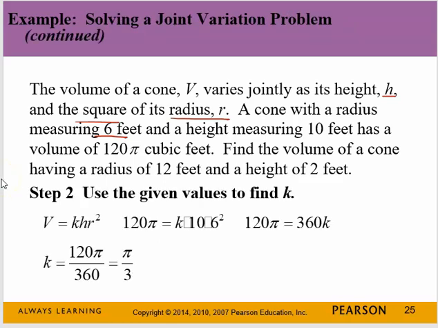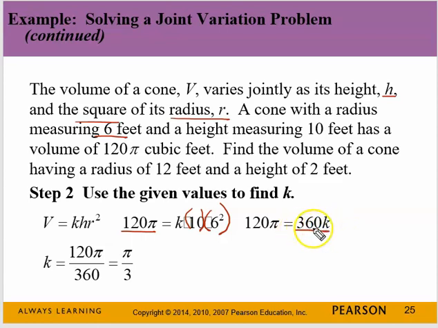We're going to substitute into it our 120 pi, K, and we can put parentheses around these in a sense. So this becomes 36 times 10 is 360K.